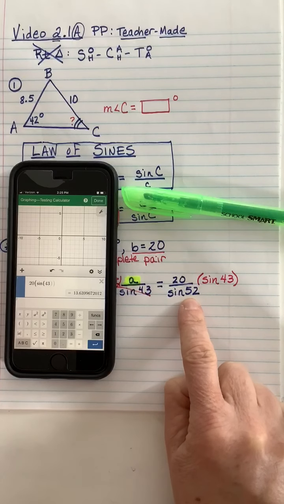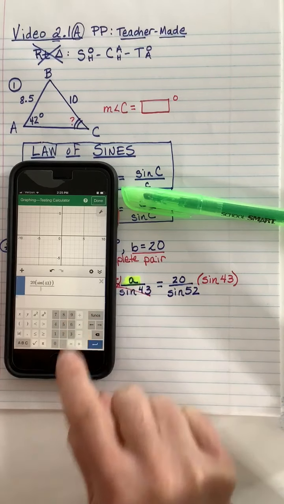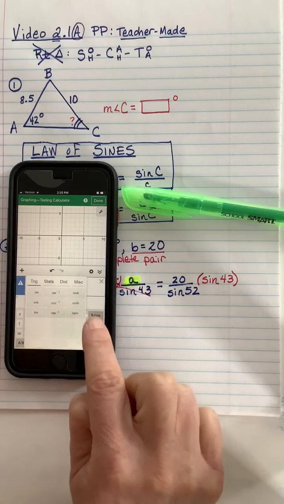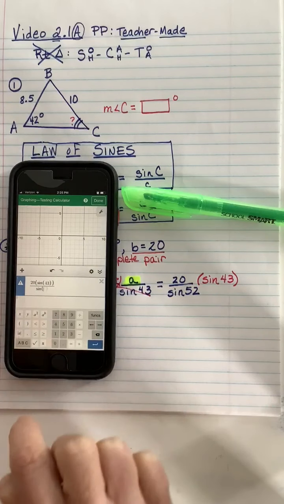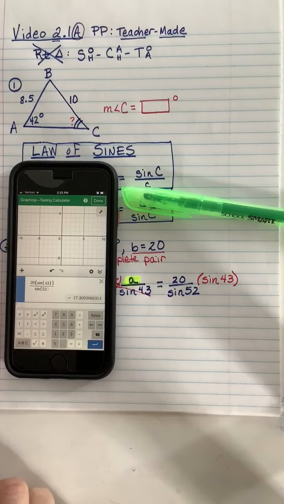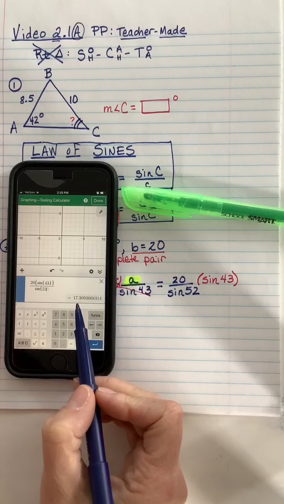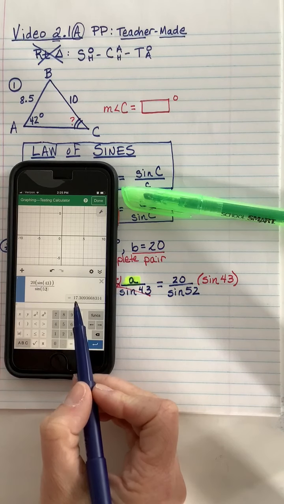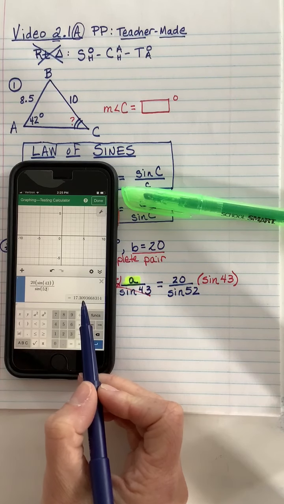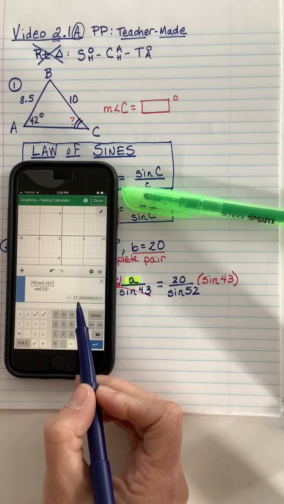I'm going to divide it all by the sine of 52. So I'm going to divide it all by the sine of 52 degrees. And there I am. This is telling me that little a is going to be 17.309.